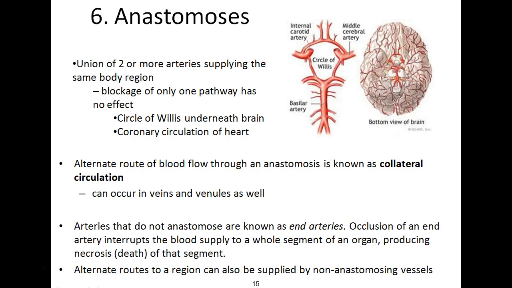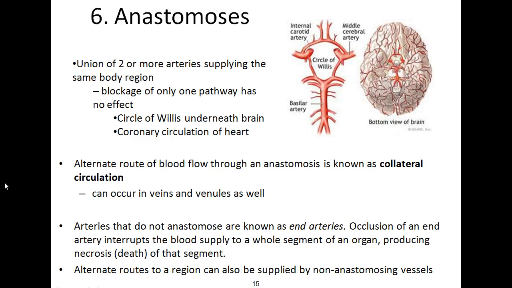Let's jump off of veins for a little bit and jump back into arteries for a few. Now we talk about a special type of arrangement of arteries. If we looked at a map of blood vessels in the human body, we would see that blood vessels are mostly arranged in a simple pathway. Later on we'll talk about an alternative pathway.